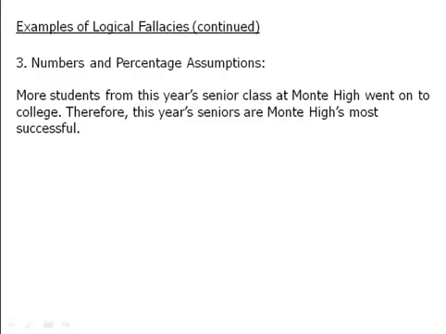Well, imagine this. Let's make it the 2010 class at Monty High. This 2010 class, you had 100 students and 99 went on to attend college. That's amazing. And then this year, 2011, we had 200 students in the class, or they combined maybe with another school.